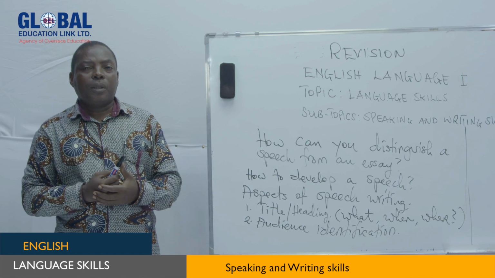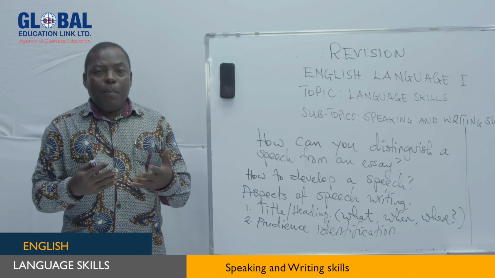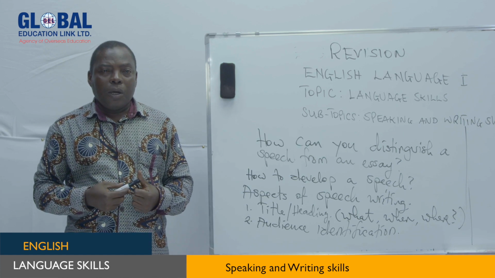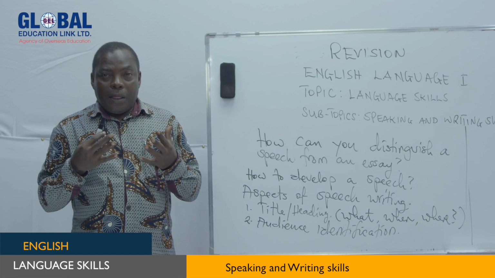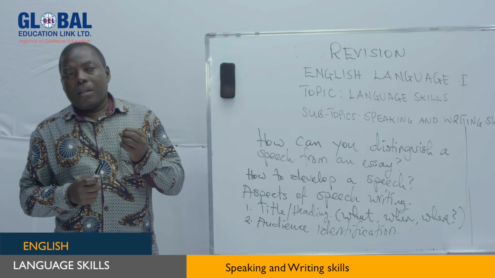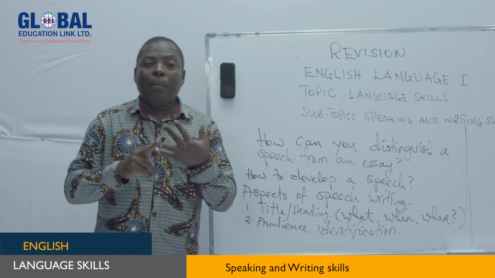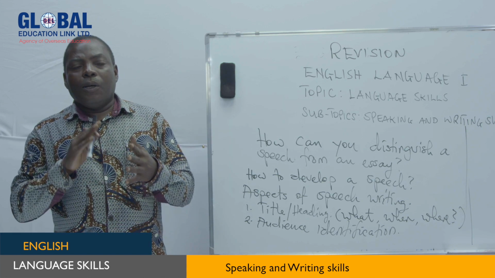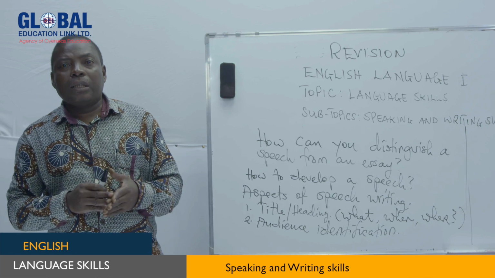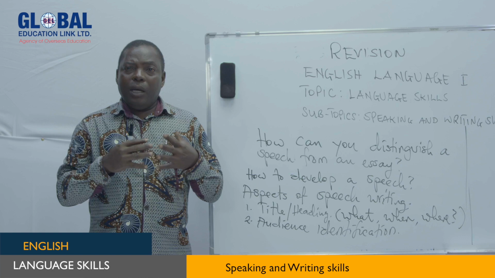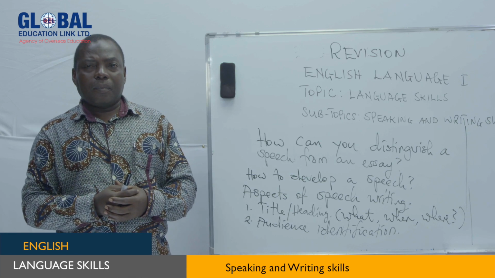So for example, if you are making a speech and on that occasion you have the minister attending, you have members of parliament, you have executive wards, you have students, and you have commoners.